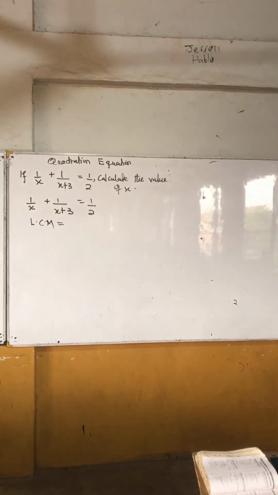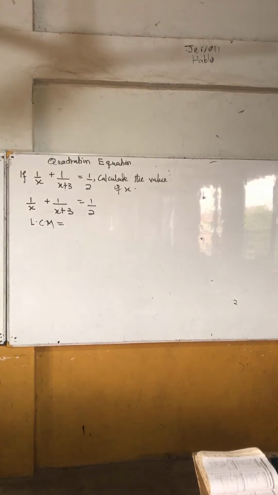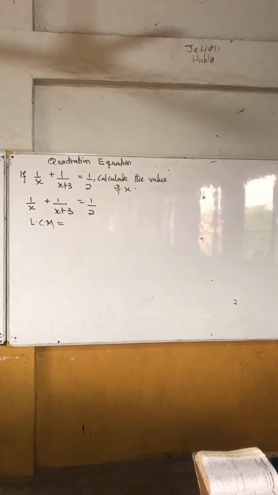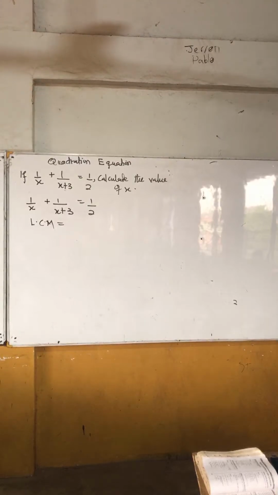What will be the LCM? You will not tell me. Hey, Charlie. What will be the LCM? LCM of what is on the board. But this is algebraic expression. Charlie, you know the LCM? You know it?